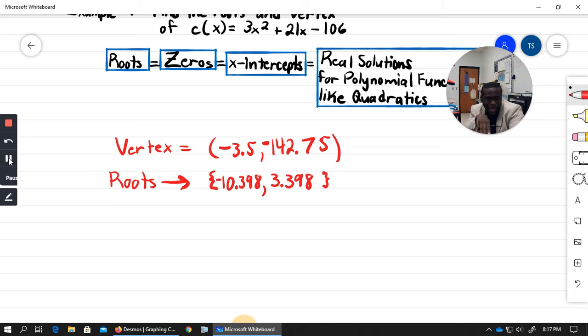I'm not saying that you can't use any technology, but I'm going to show you exactly how I want you to show your work for graphing this quadratic function in standard form.